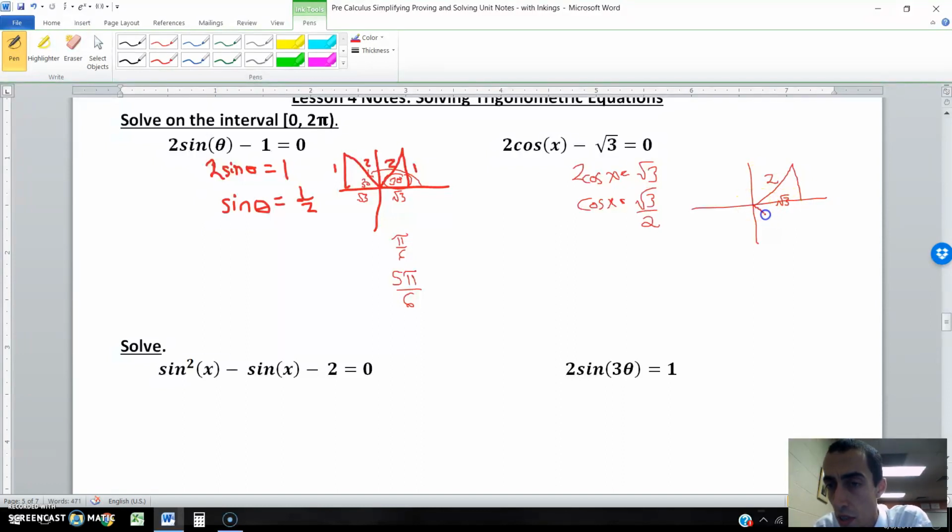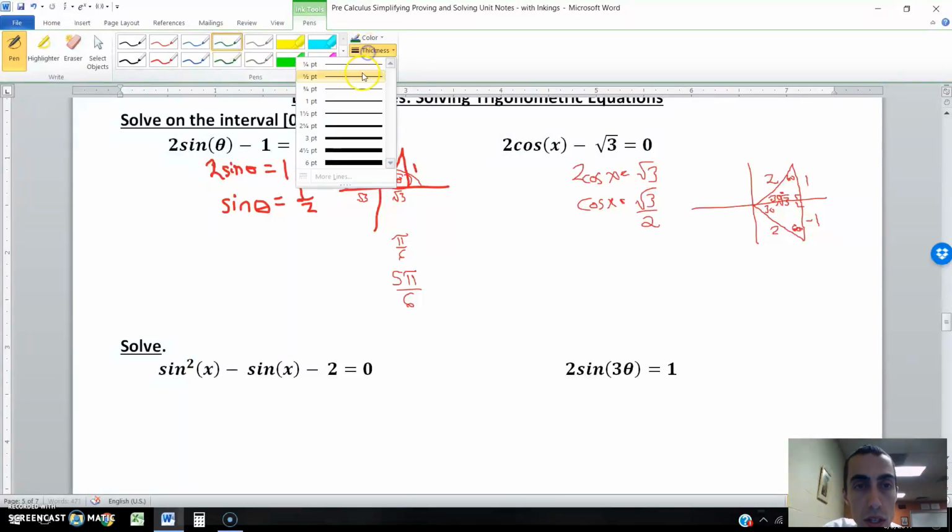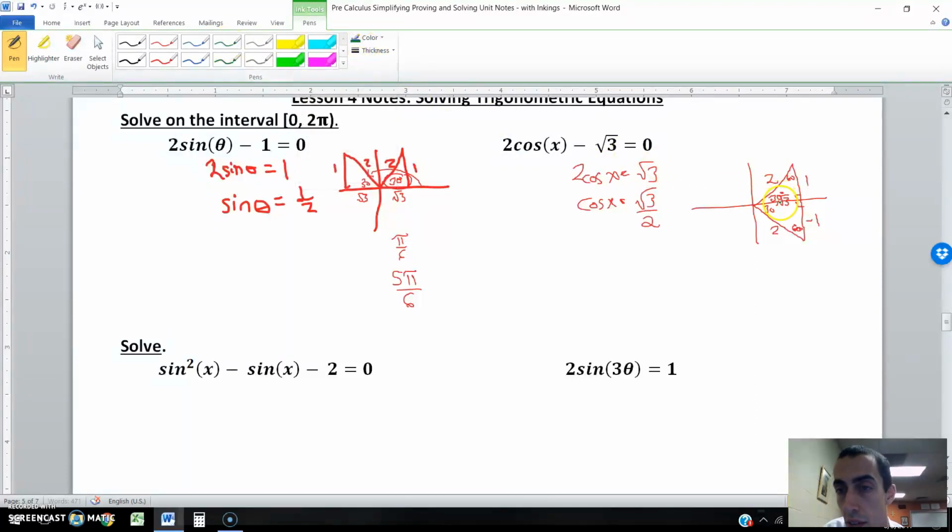Now notice you could also have a reference triangle down here with an x of root 3 and an r of 2. Difference being is that the y would be -1 on the second one. So then, this would be a 30, 60, 90 triangle. Same sort of thing down here. And so, here we have a 30-degree angle.